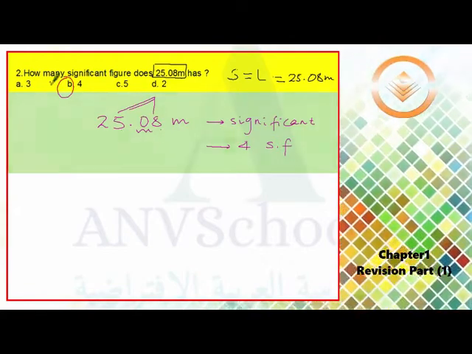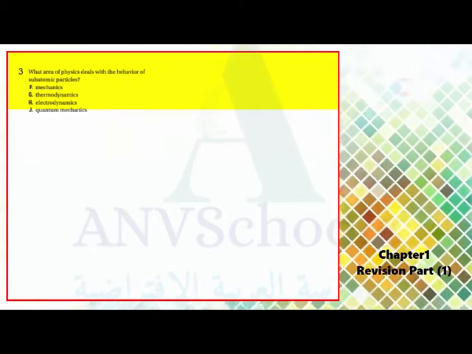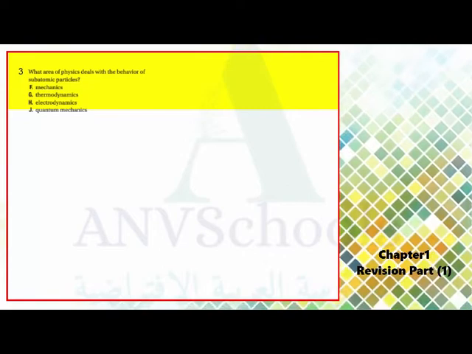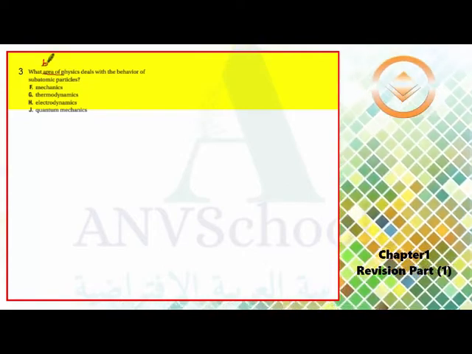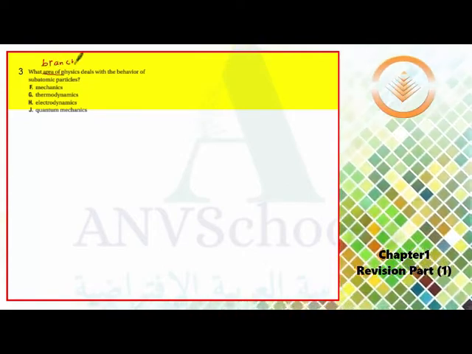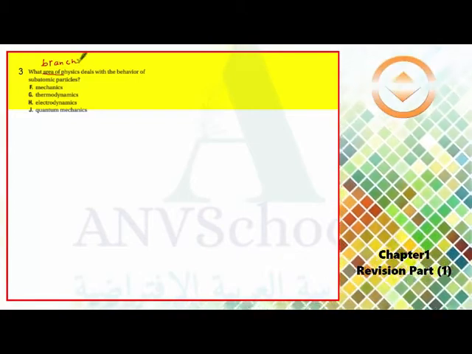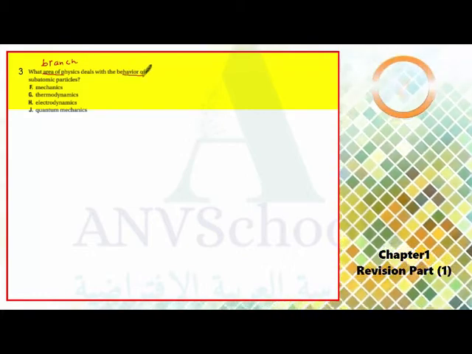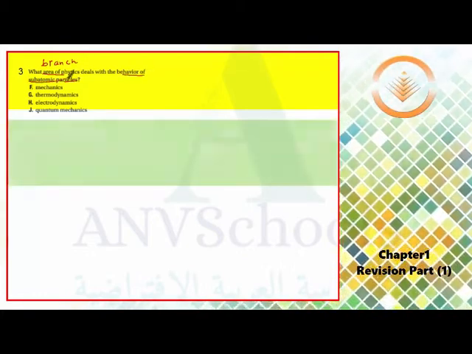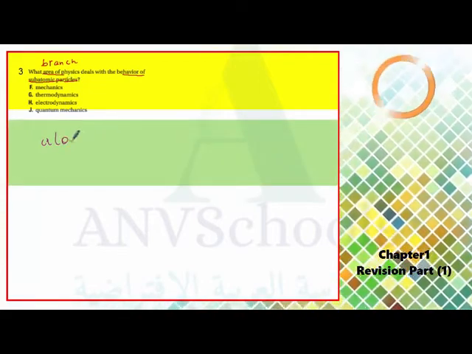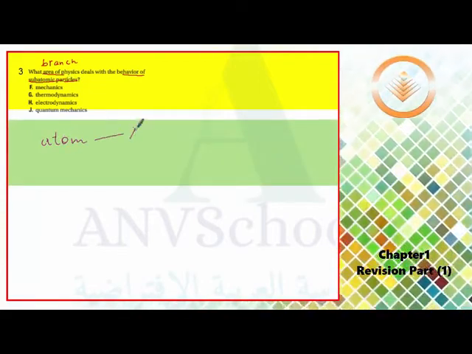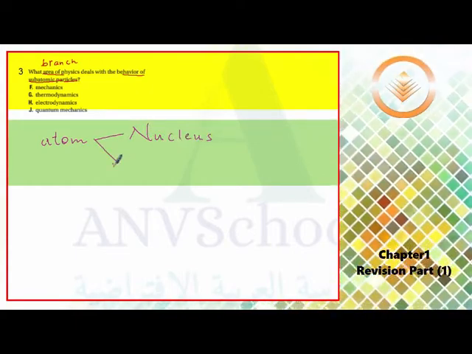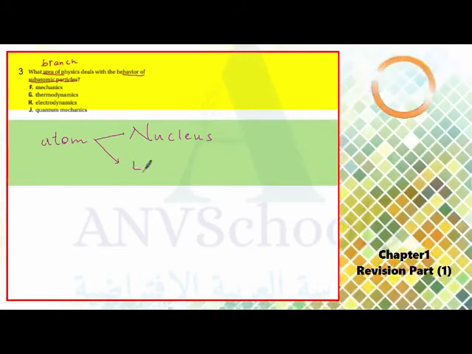Let's move on to the next example, third example. What are the areas or branches of physics? When you say area, we mean branch of physics. We know that there are different branches or areas of physics. So what area of physics deals with the behavior of subatomic particles? We know that an atom is made from the central part, nucleus, and the one that revolves around its orbit, that is electron.